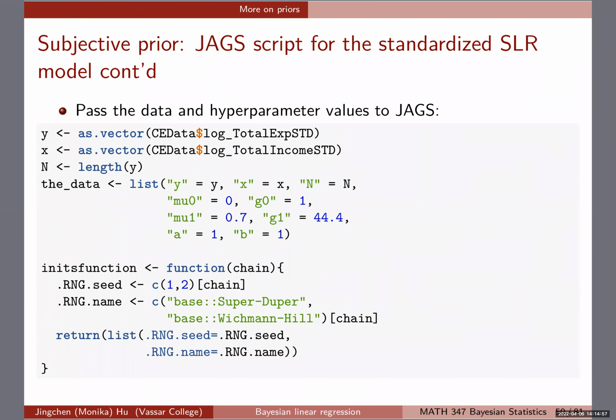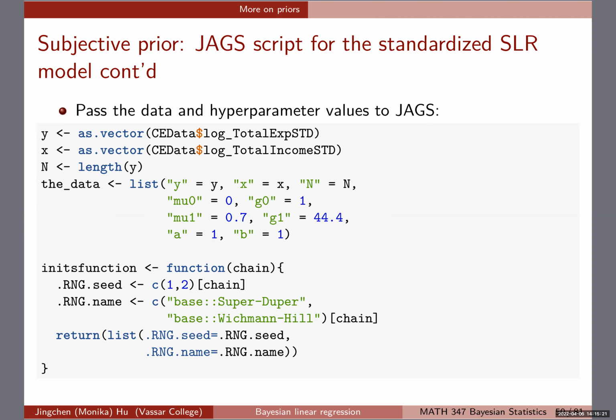So you see here, we created the standardized version and then pass them as Y and X. N doesn't change, that will still be the number of observations. The priors that we talked about, mu 0, S0, mu 1, S1, and all that, get passed into this part. And then you will run your JAGS, and you will get your posterior inference.